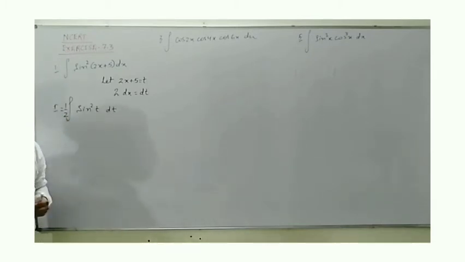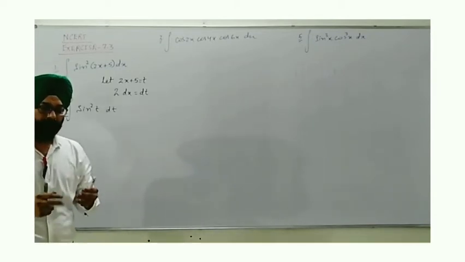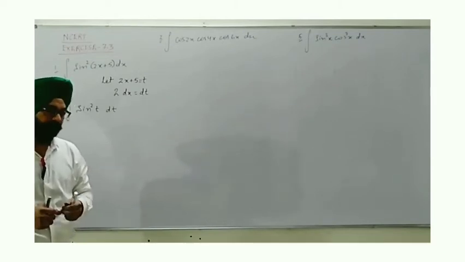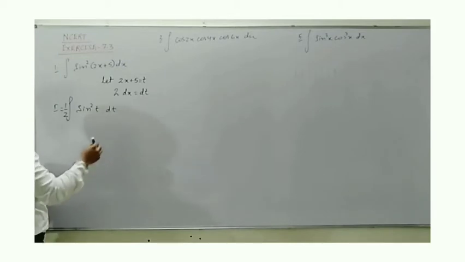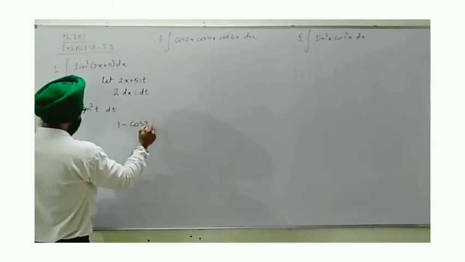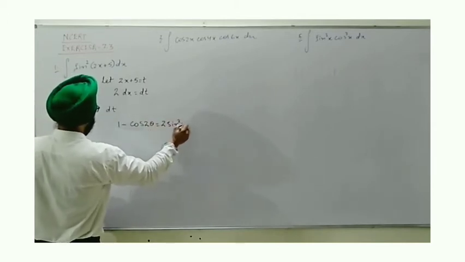We will think of the patterns of functions which are based on trigonometric identity. So sine square, this was the particular thing which I introduced in the previous module, that whenever we are having the square of sine or cos, then we use a particular identity, as we know that 1 minus cos 2 theta is equal to 2 sine square theta.